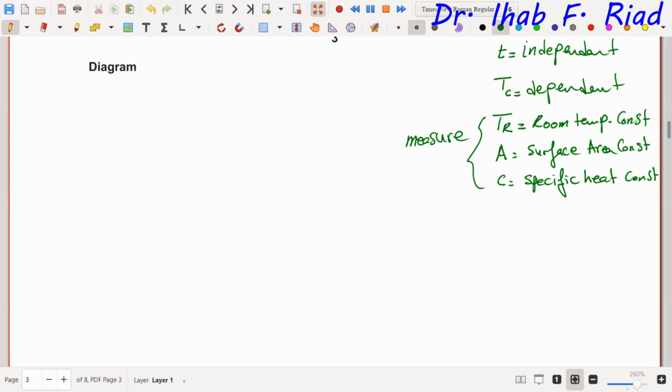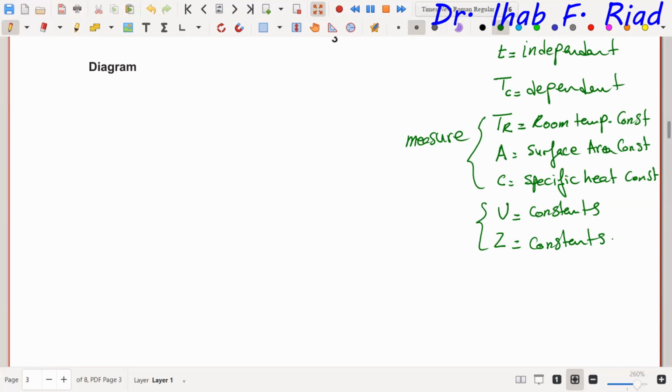Yes. What about U and Z? They are constant. But how are they different from those constants? We don't use them in the experiment.